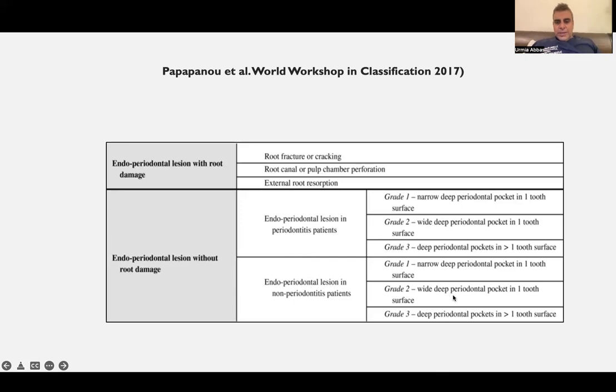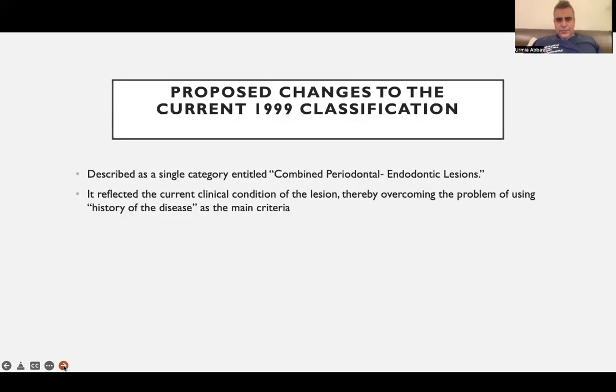Grade 2, a wide, deep periodontal pocket in one tooth surface, and grade 3 is a deep periodontal pocket in more than one tooth surface. So the grades are similar for both, but one is in periodontitis patients and one is in patients without periodontitis.